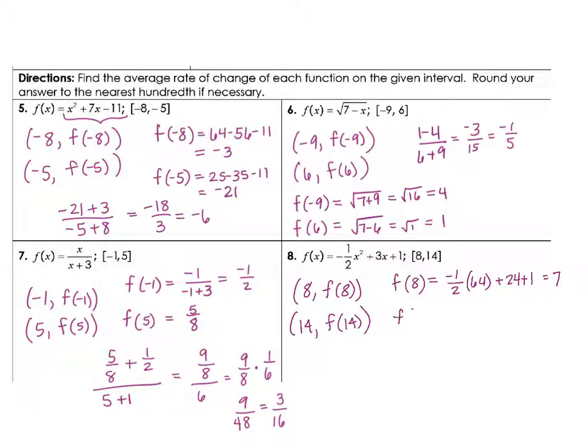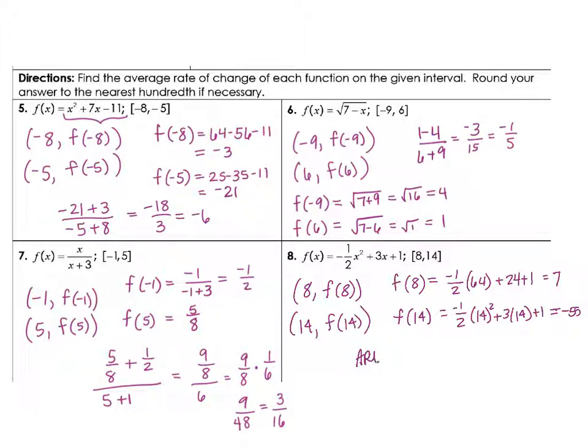And then f at 14, what a ginormous number there. Number crunching there, you have negative 1/2 times 14 squared plus 3 times 14 plus 1. And when you put all of that in the calculator, you should end up with negative 55. And so now we're ready for our rate of change.